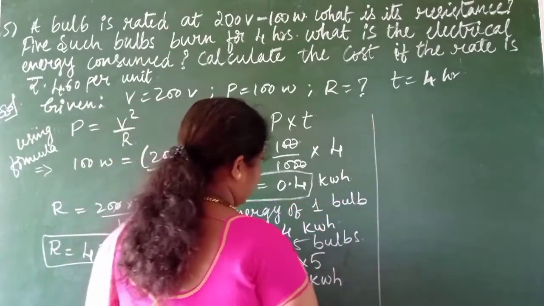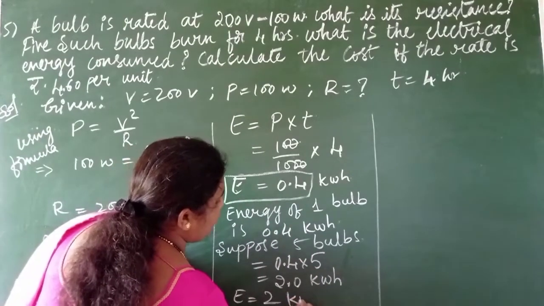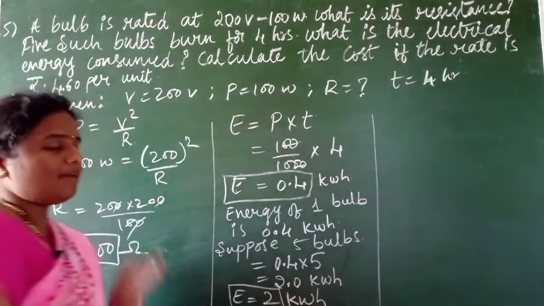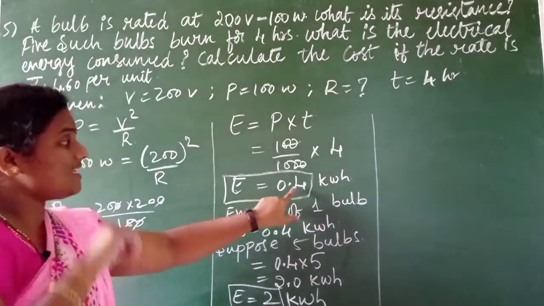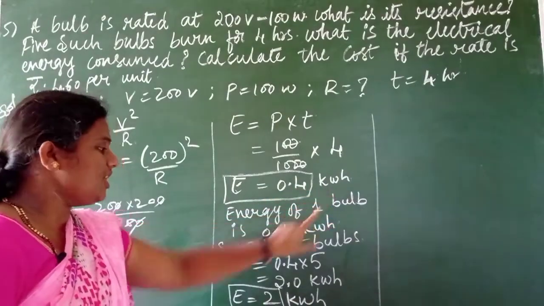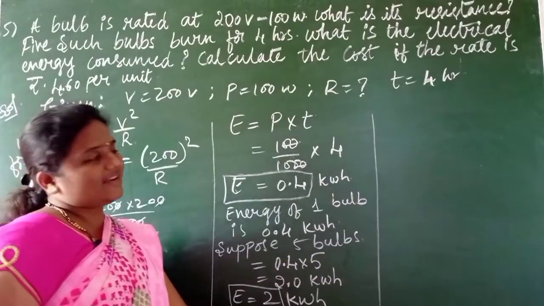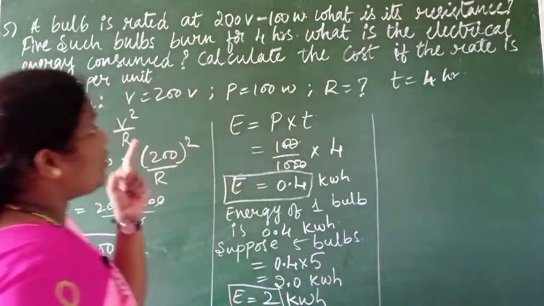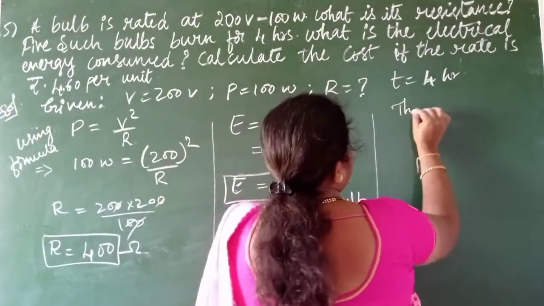Even you can write it here: E is 2 kWh, the energy of 5 bulbs. The electrical energy consumption for each bulb is 0.4 kWh, whereas for 5 bulbs it is 2 kWh.